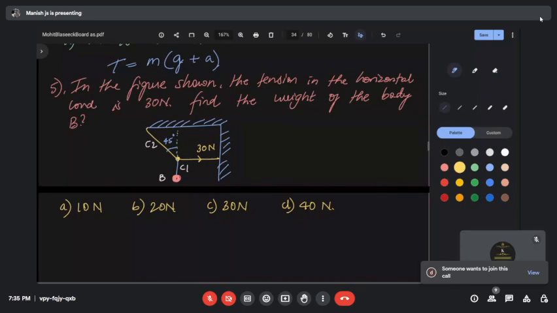It's mass times gravity. So try it. I'll give you some time to think and then I'll tell you how it needs to be done.